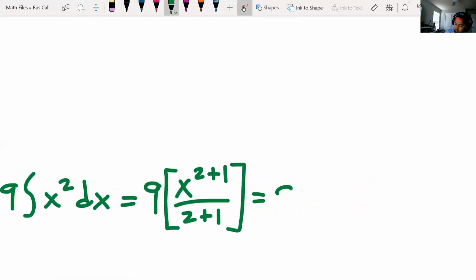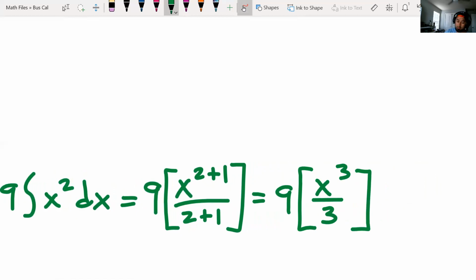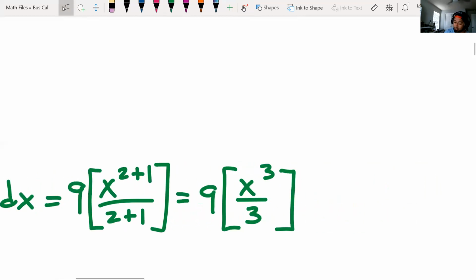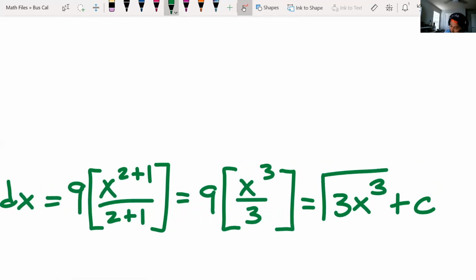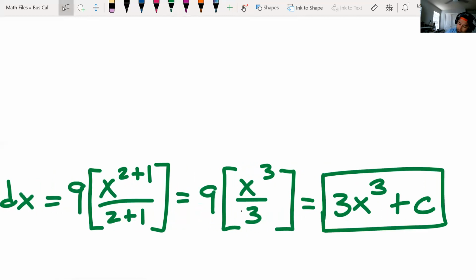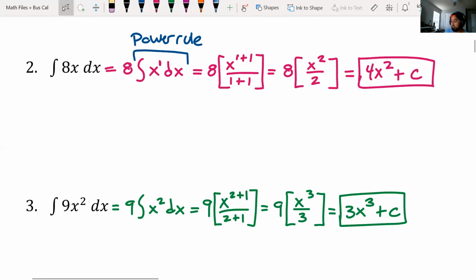And you get 9 times x cubed over 3. Multiply that 9 in there. And 9 over 3 gives me 3x cubed plus c. Good. Plus c. Boom. There you go.